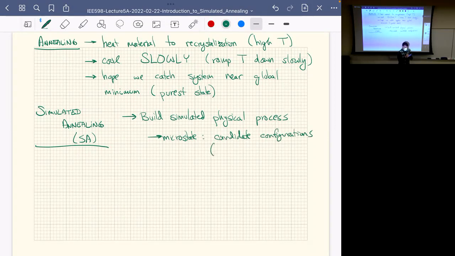So remember, this could be very high dimensional. In the case of the physical annealing, the microstate is every position of every molecule and all of their momenta and all of that. So it's keeping track of everything that's going on inside that chair or this screen or whatever.